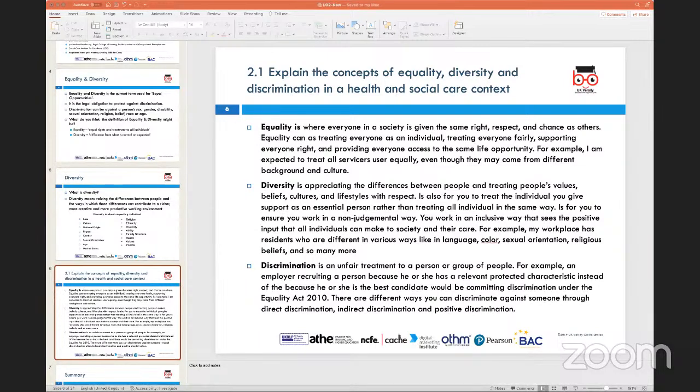You might come across, for example, a workplace that has people coming in and working who speak different languages. They are from different backgrounds. They have different religious beliefs. In this case, the organization will need to celebrate diversity by ensuring that everybody feels included and nobody feels excluded.